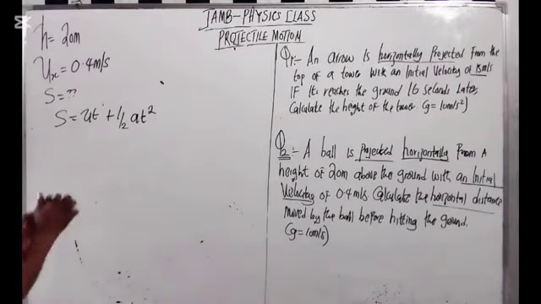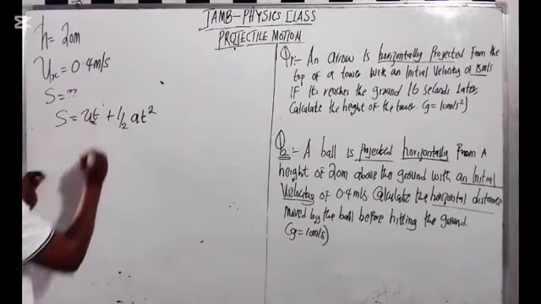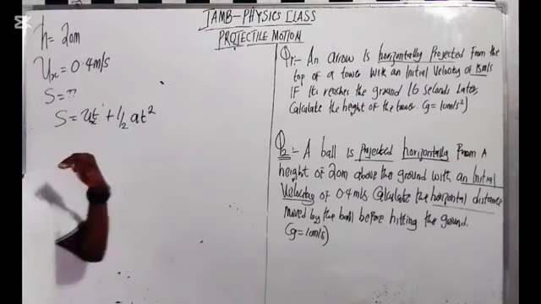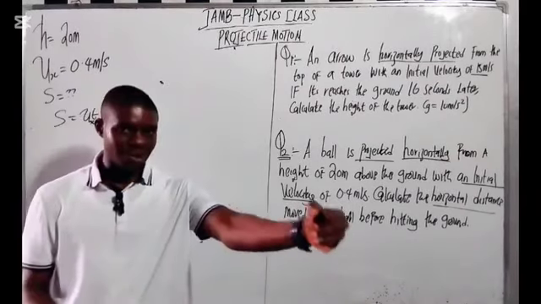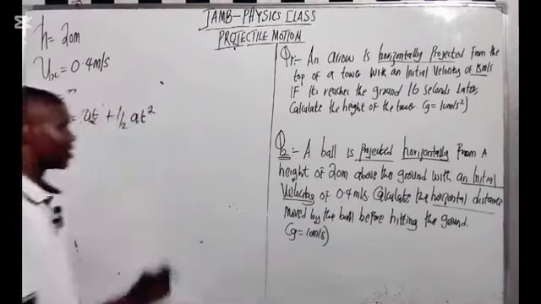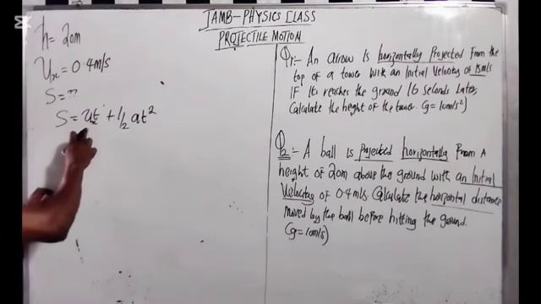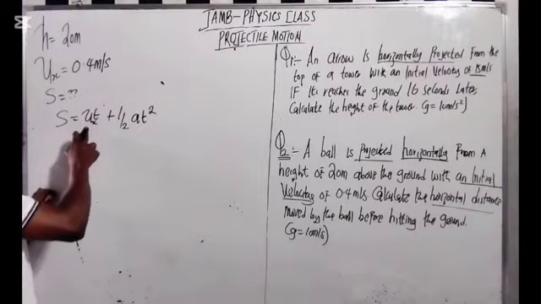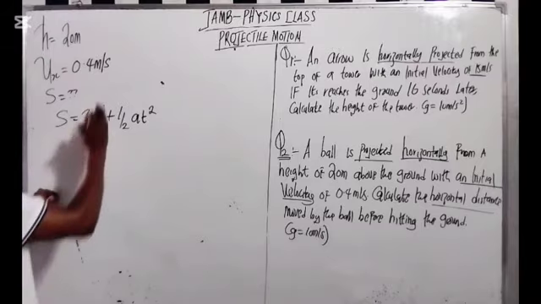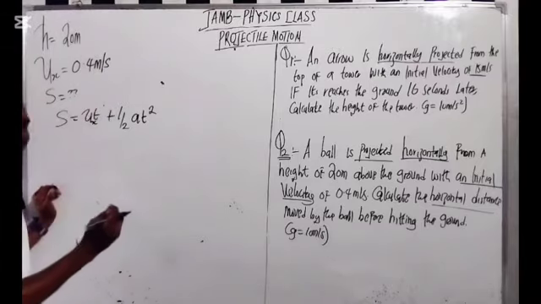Now this u here is ux, right? Because this is called initial horizontal velocity, or horizontal initial velocity, right? So if it's horizontal, the initial velocity is ux, right? But if it's vertical, the initial velocity is uy, right?